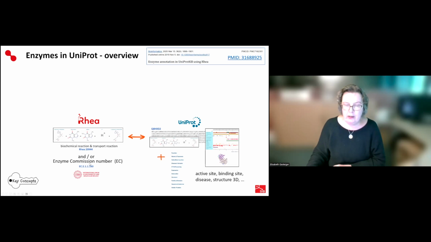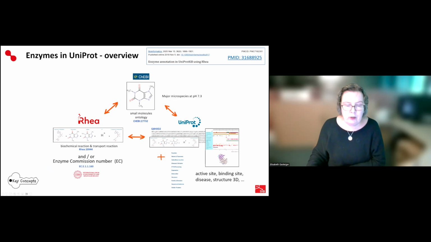That is a numerical classification system at 4 levels for enzymes based on the chemical reactions they catalyze. This classification is established by a committee called the Enzyme Commission. Rhea uses the chemical dictionary ChEBI to describe reaction participants at pH 7.3.